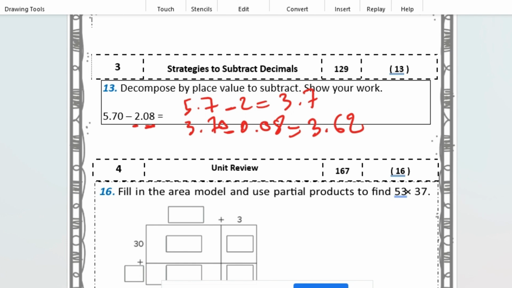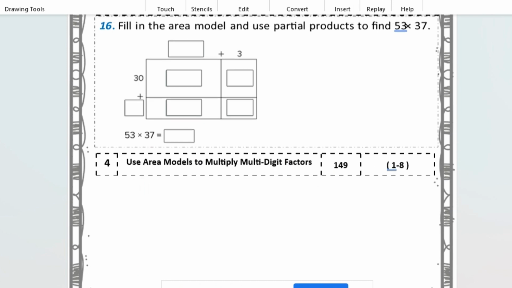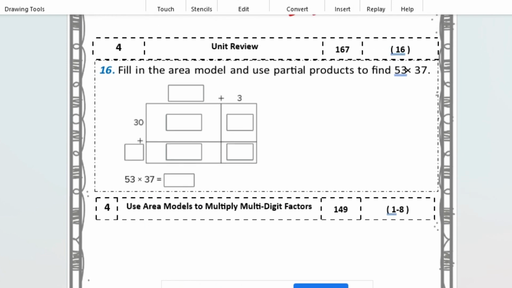Now let's go down. This is a spicy question. We want to fill in the area model and use the partial products to find 53 times 37. So we are going to use place value here to create our area model.